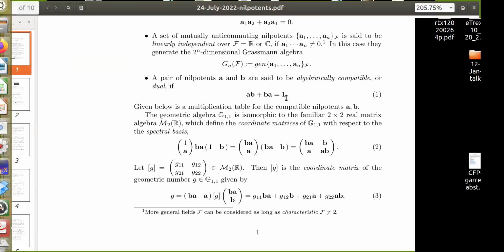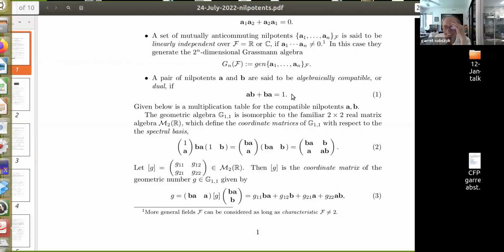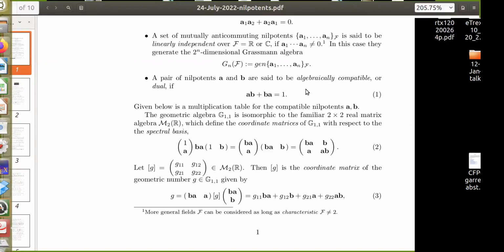Then I am splitting the space in the product AB plus product BA. Exactly. And then one is the complementary part of the other. But if they are algebraically compatible, then A and B are not in the same space.